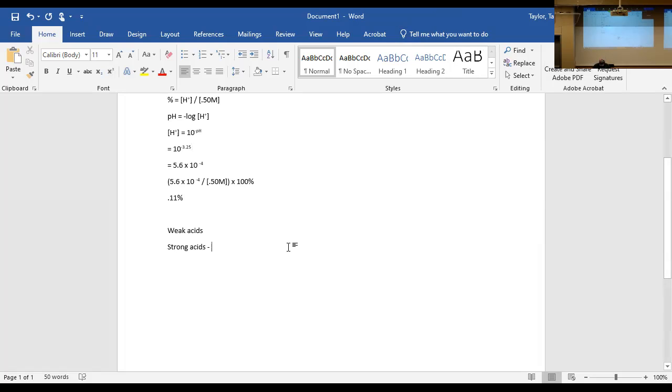The strong acids that you'll need to remember, there are 7 of them, I believe. It is hydrochloric acid, which is HCl. Nitric acid, which is HNO3. Hydrobromic acid, which is HBr.